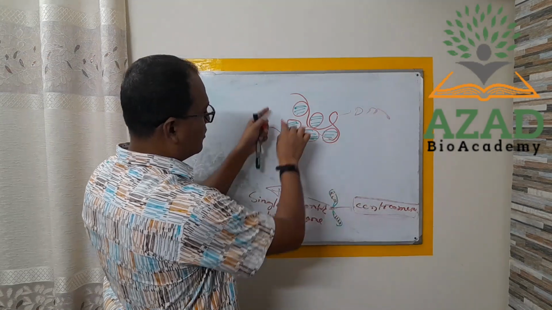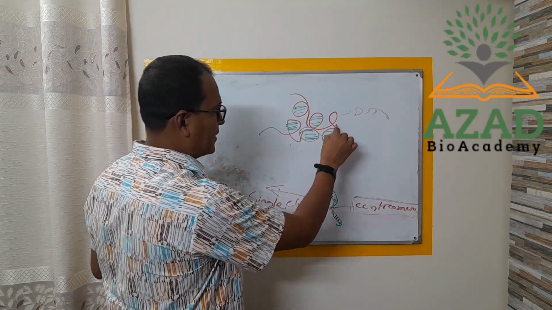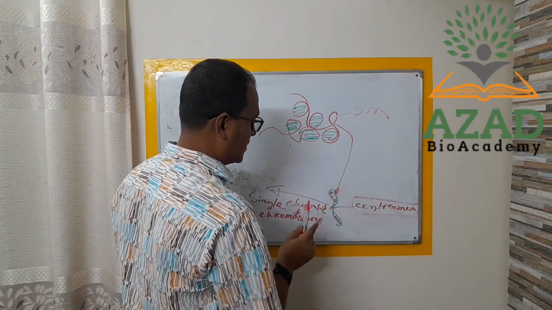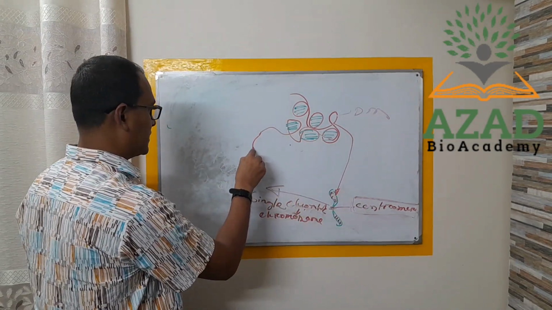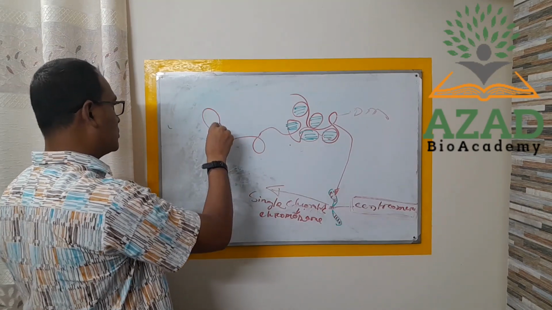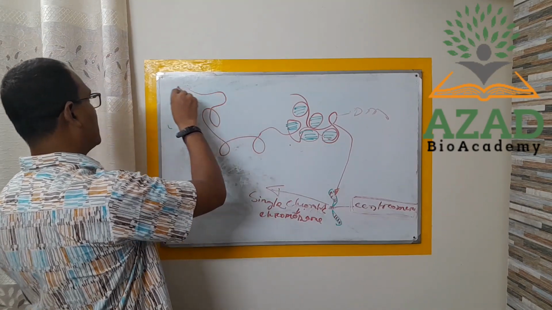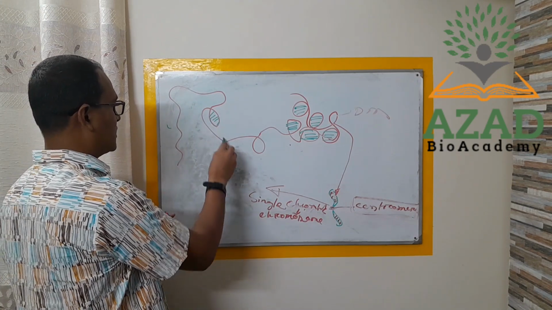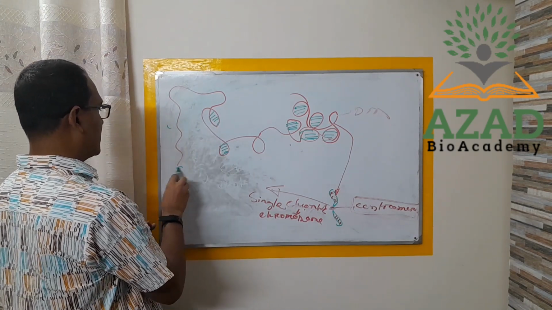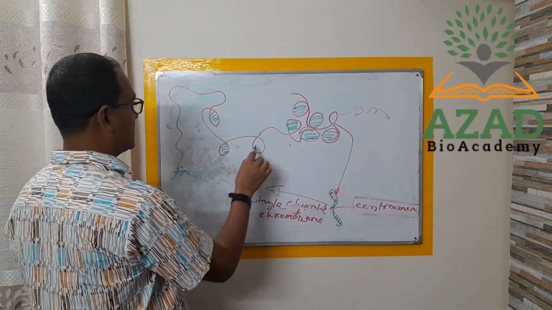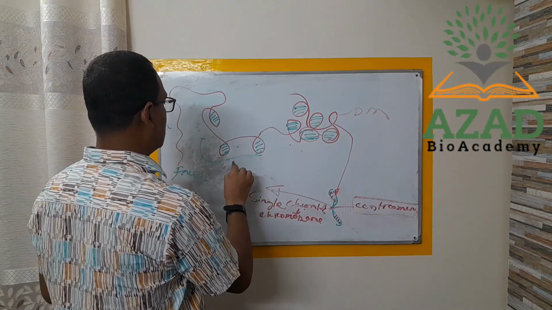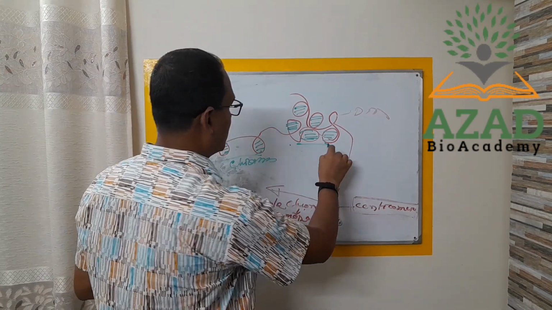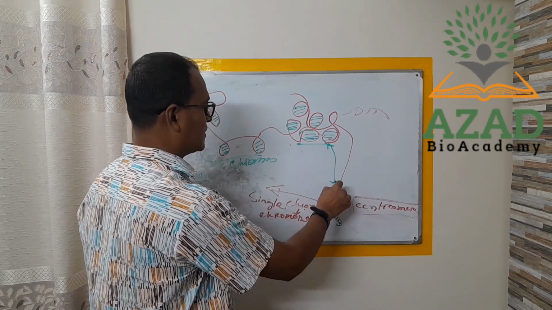Okay, so this is more condensed, and if you think this is part of a chromatid, this is somewhat loose, and this finally is completely DNA. So this is the histone protein, this is the free DNA. This is the chromatin, the more condensed form of chromatin, that will form a chromatid.